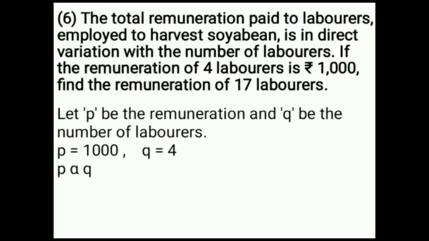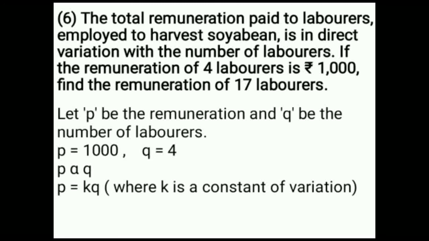P is directly proportional to Q. P is equal to KQ, where K is the constant of variation. Now you have to substitute the value of P is equal to 1000, Q is equal to 4. You have to find constant of variation K. That is 1000 is equal to K into 4.